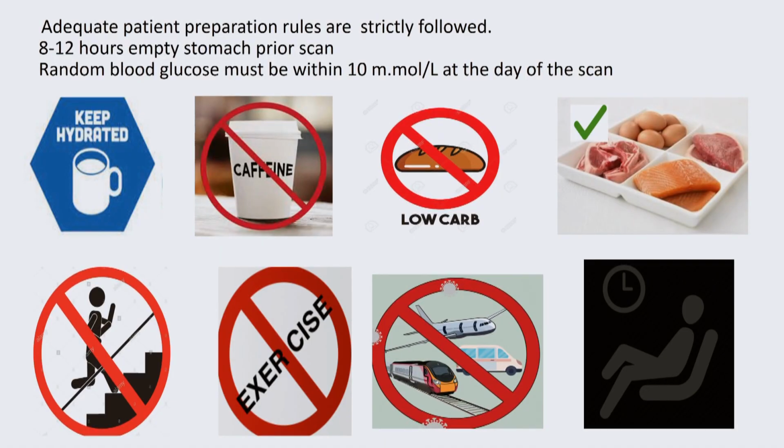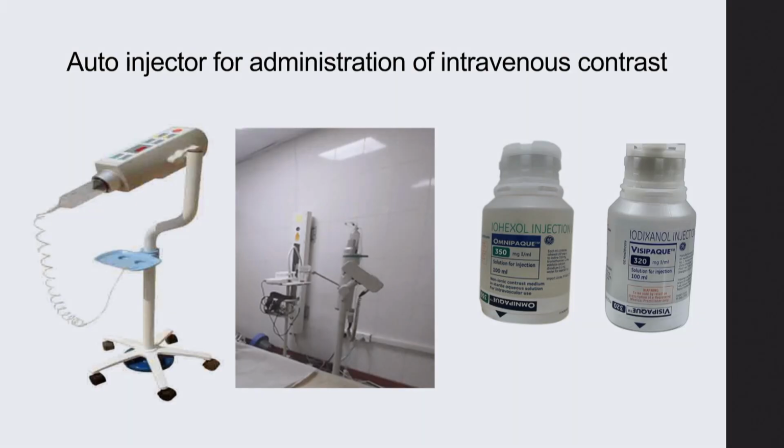As poor patient preparation leads to poor images, adequate patient preparation rules are strictly followed. 8 to 12 hours empty stomach prior to scan, patients are advised to keep hydrated, avoid caffeinated beverages, take a protein-rich, low carbohydrate diet, avoid exercise, avoid journey, and take rest after administration of FDG.